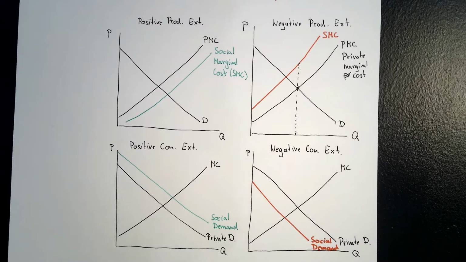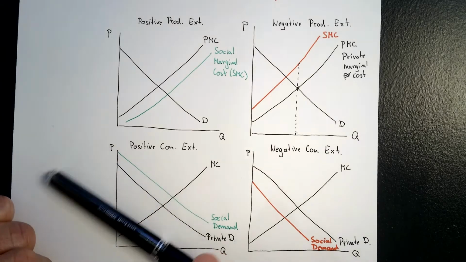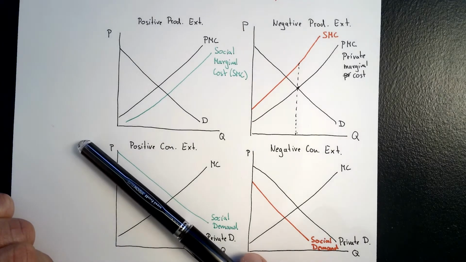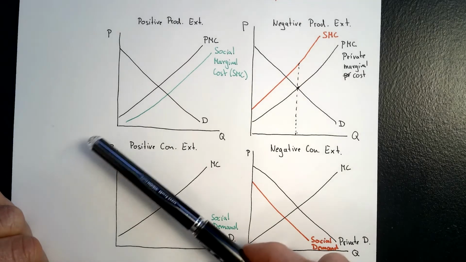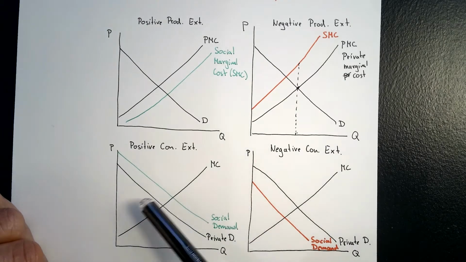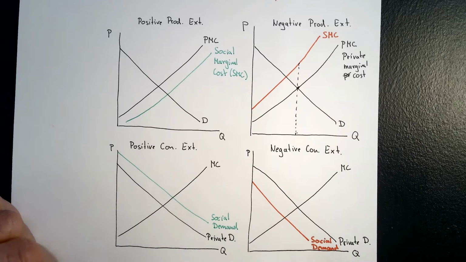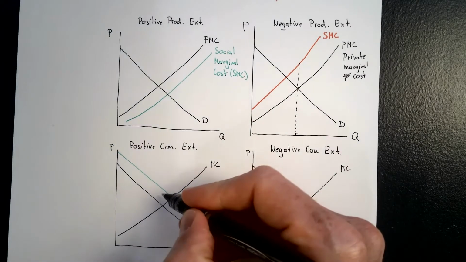marginal benefit. So in the positive consumption externality case, we have a private demand function. Think about this as rodent control, but we also have a social marginal demand function, because what we will see is that if there is a positive externality, people would like to have more of the good.